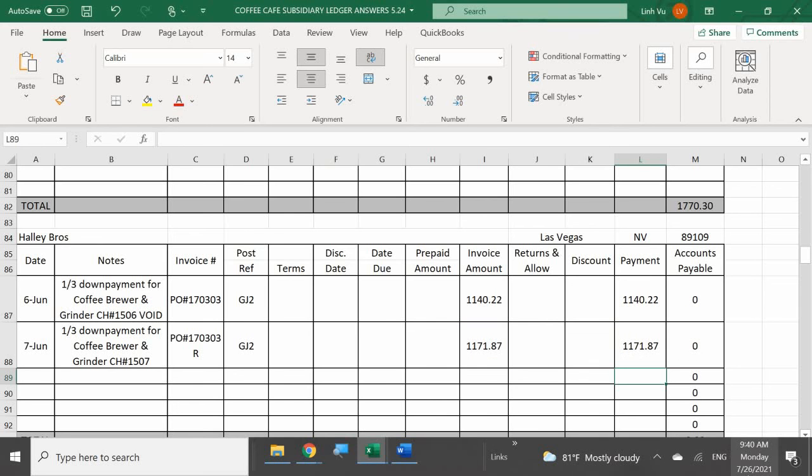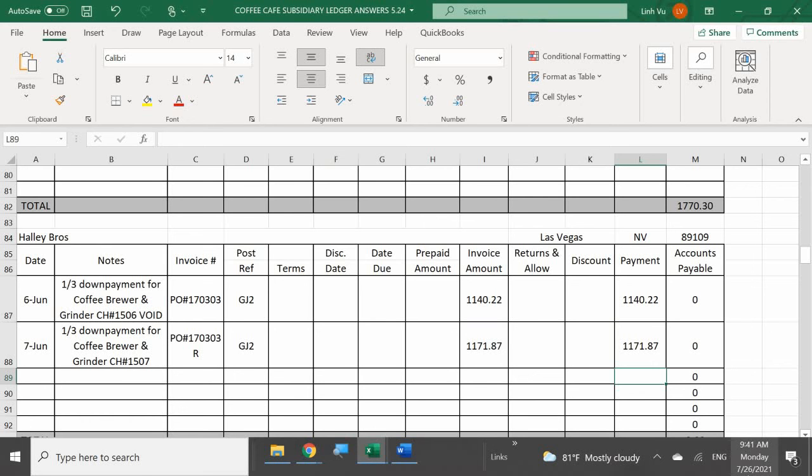Therefore, I owe Haley Brothers nothing. They owe me a commercial coffee brewer and a commercial coffee grinder. So this amount is going to be applied to the bill itself. They don't really owe me any money, because this money is going to go towards the bill.